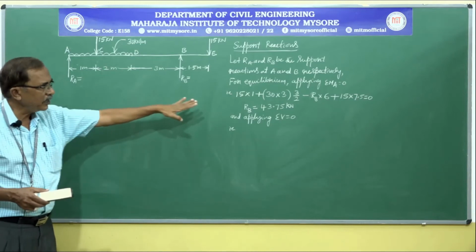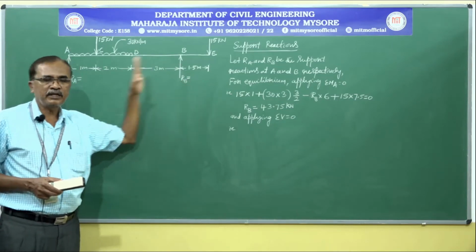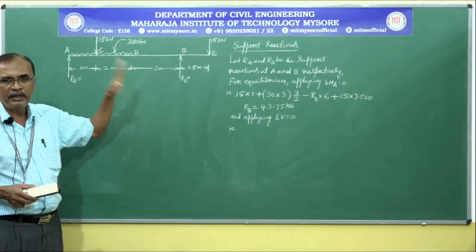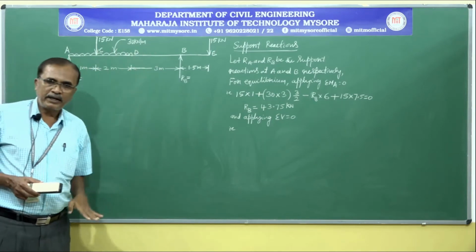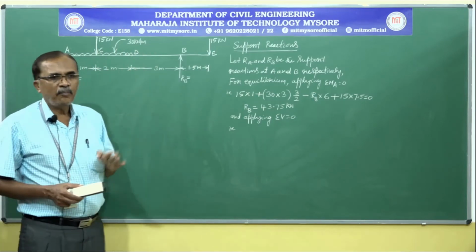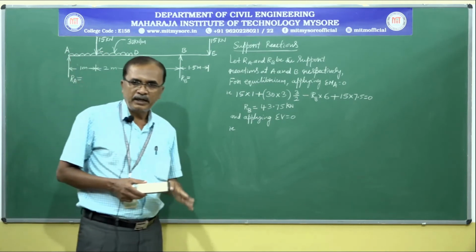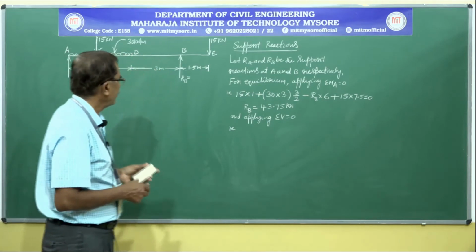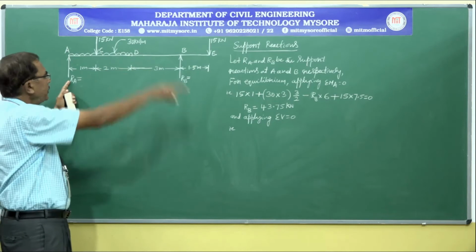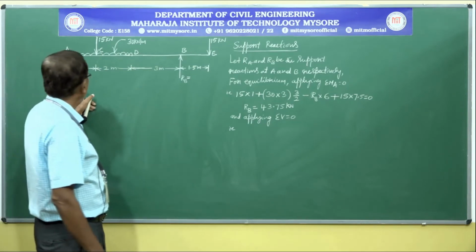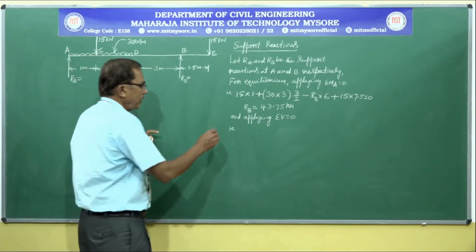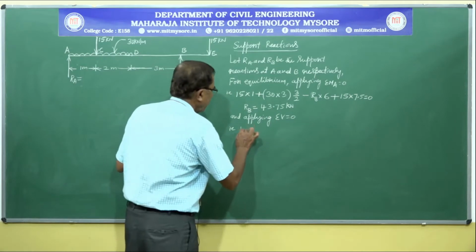Whereas here, when you apply vertical force equilibrium condition, we consider all the loads acting on the beam, including support reactions. By treating upward as positive, automatically downward will be negative. Let us consider loads one by one, starting from point A. At point A, reaction RA acts in the upward direction, RA positive.